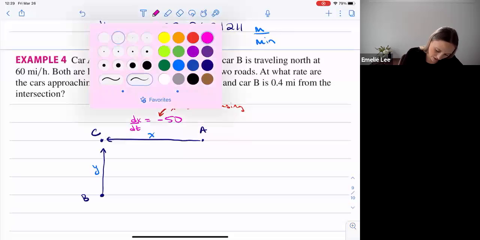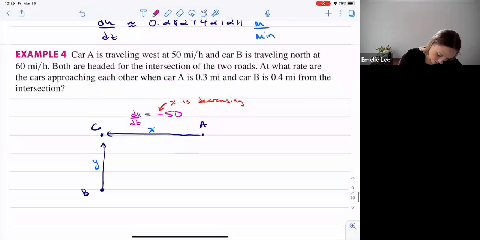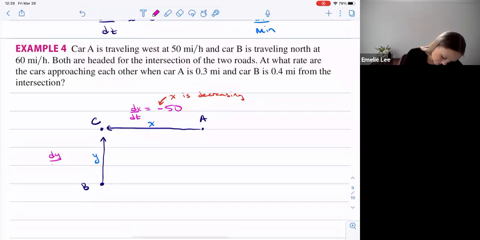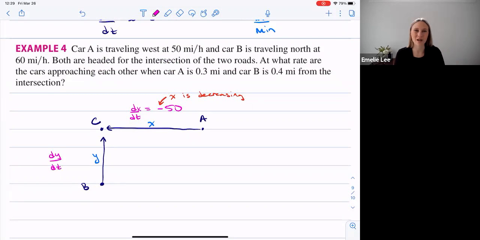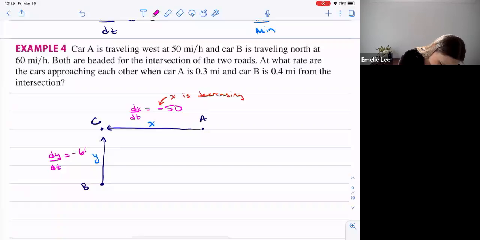So same thing over here, right? We've got dy/dt, a different setup than we had before with the ladder, but we still are going to work with triangles. That's nice. dy/dt is also going to be negative because Y is getting smaller as B is moving closer towards C, so it must be negative 60, again because Y is decreasing.